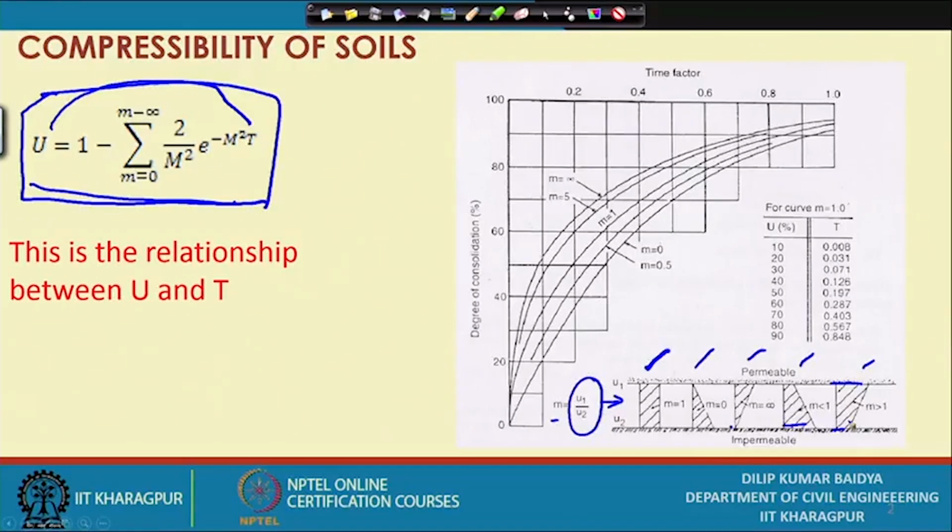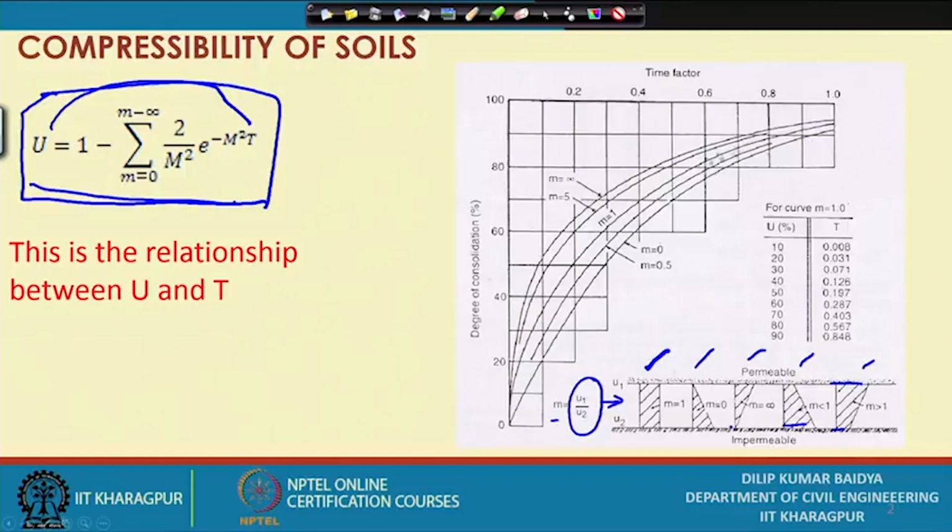But so far, for the undergraduate level particularly, it will be enough if we can understand the case with m equal to 1, that means pore pressure distribution is uniform within the layer. If this is the case, then you can see different plots are given, time factor t versus degree of consolidation u, the plot mathematically developed from the solution.